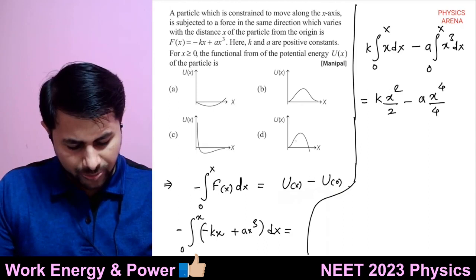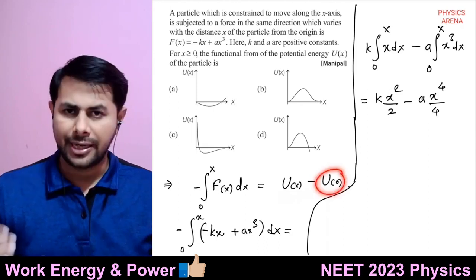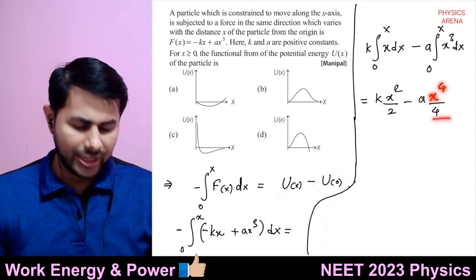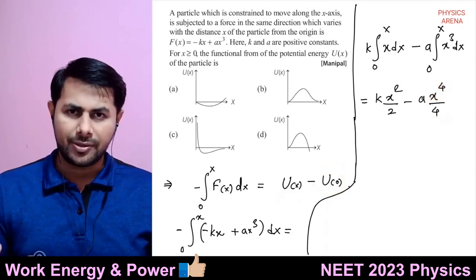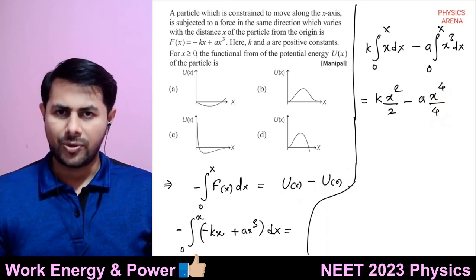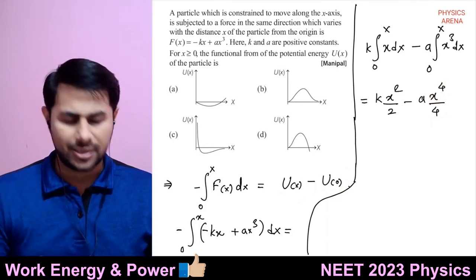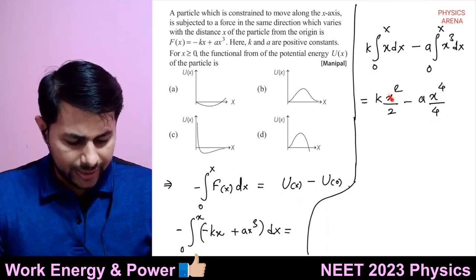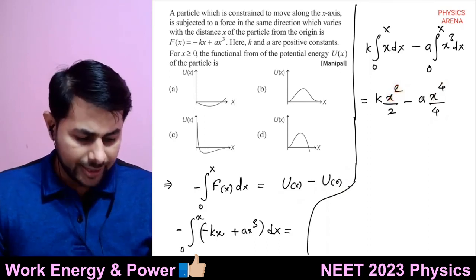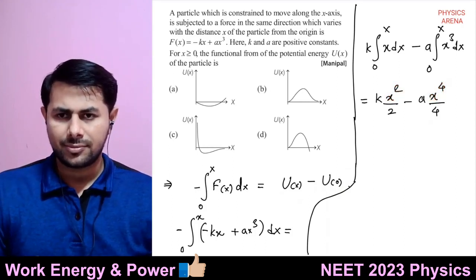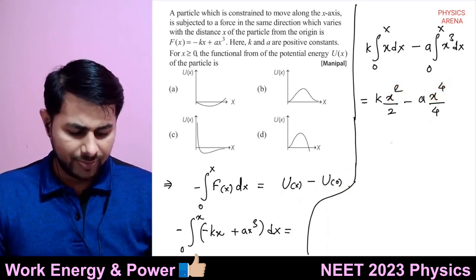We don't know what the potential energy is at x equal to 0, but from this form we can guess what will happen when x goes on increasing. As x increases, x raised to 2 will increase, but x raised to 4 will increase even faster, very, very fast compared to x raised to 2.